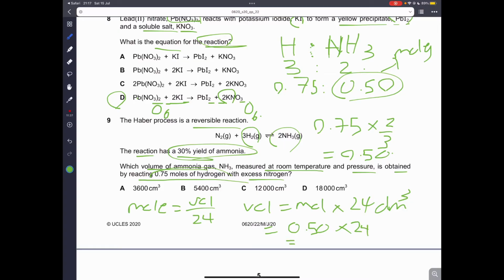We are going to get 12 dm cubed. However, when you look at the question, it is given in centimeter cubed. Remember, 1 dm cubed is equal to 1000 centimeters cubed, and therefore 12 dm cubed will equal 12,000 cm cubed. Therefore C is the correct answer.